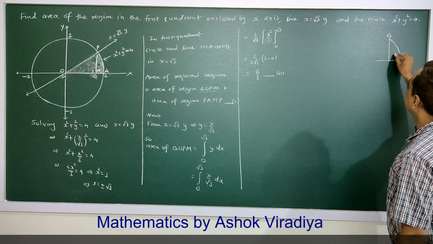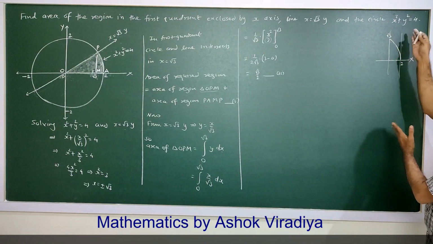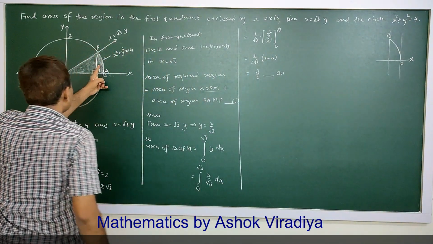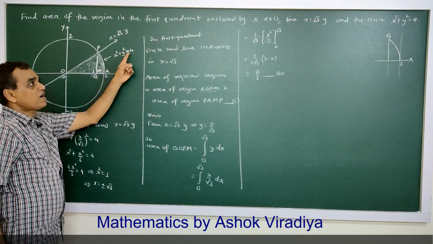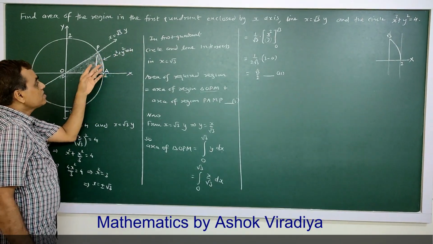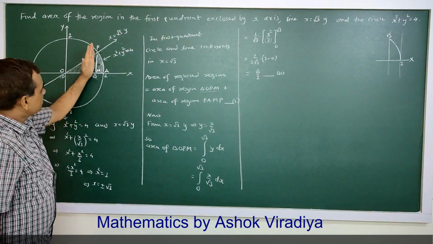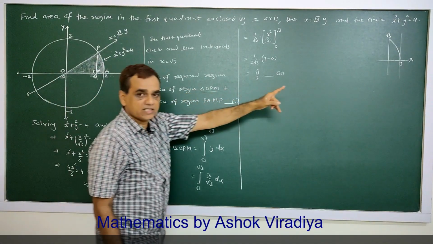So this is between x equal to root 3 and x equal to 2. So this region is bounded by the circle x square plus y square equal to 4, the x axis, x equal to root 3 and x equal to 2. You can imagine it like this.